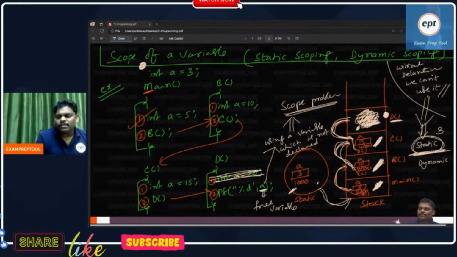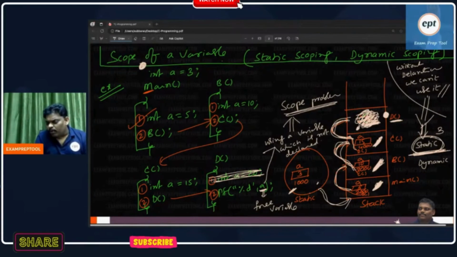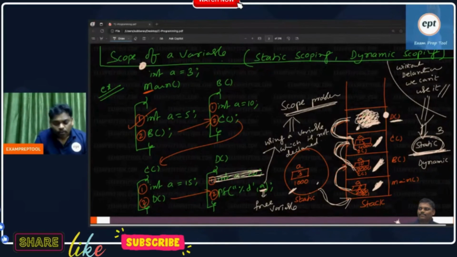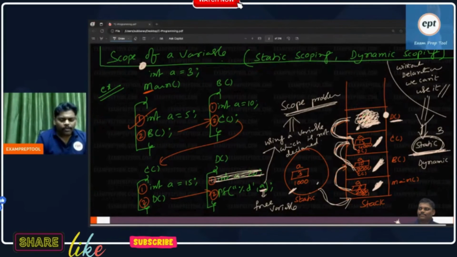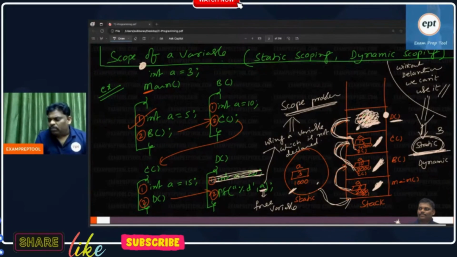Some people are asking, sir, scope problem, who will solve it, the compiler or the processor? If you think the compiler solving it is easy, give it to the compiler. There is no emotional feeling here. Some people say, like the compiler, why everything to the processor? Give some work to the compiler also.